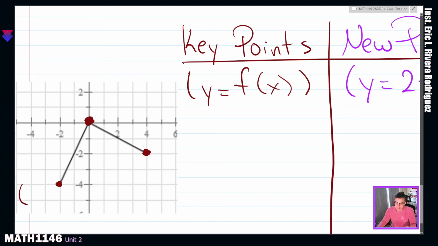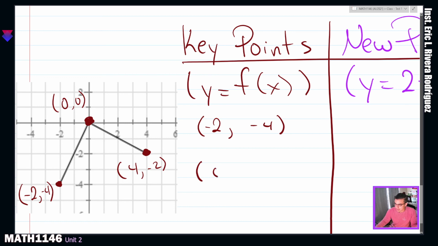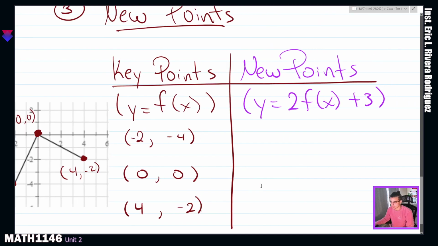There is one point that connects both segments, and there are two that are the ends of the segments. The coordinate for this first point is -2, -4. This one is 0 and 0, and this one is 4 and -2. So here are the key points, from left to right: -2, -4; 0, 0; and then 4, -2.